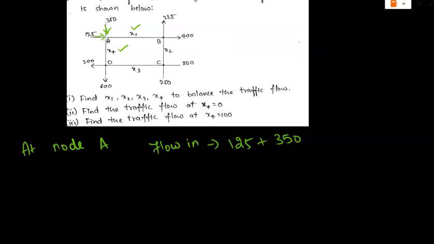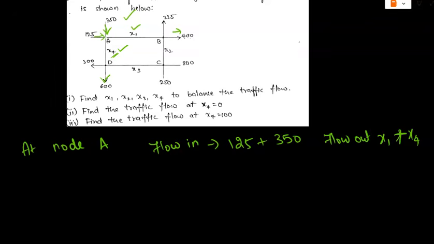How can we decide whether it's flow in or not? If you see the 350 line, it is coming towards this point. So 125 goes inside the node A, and x1 is going outside. So the flow out for the same node A is x1 and x4, both going away from A. So I'll write it as x1 plus x4.